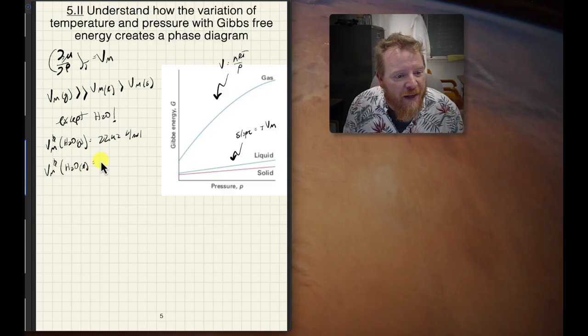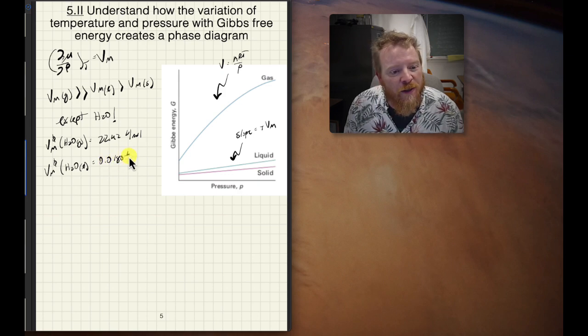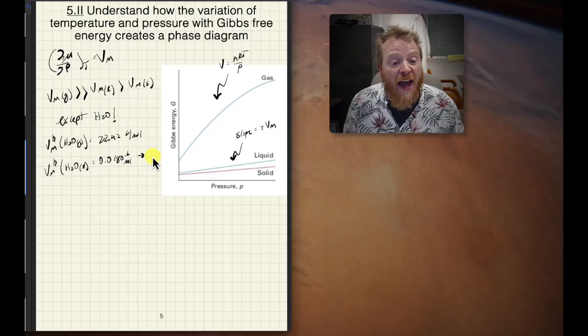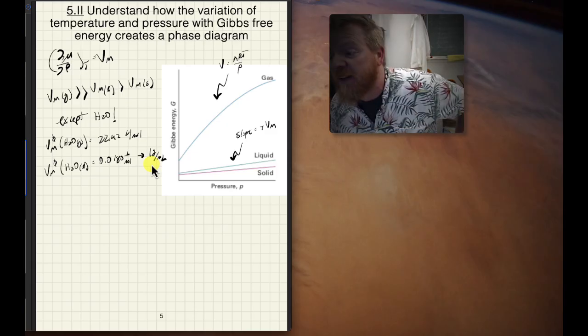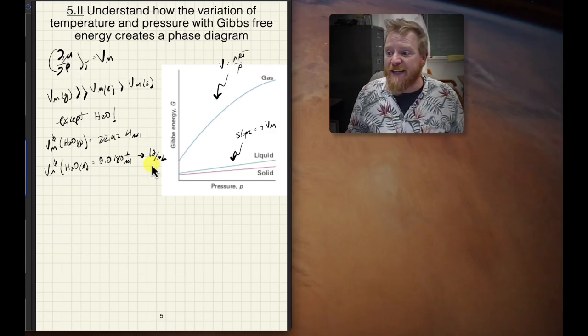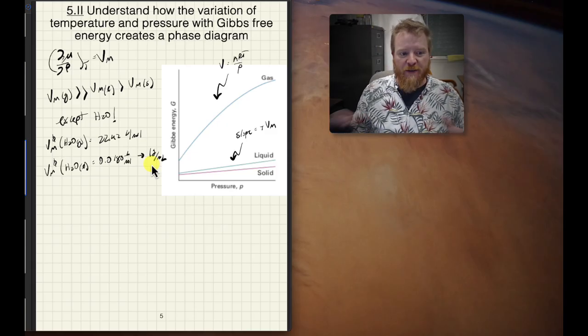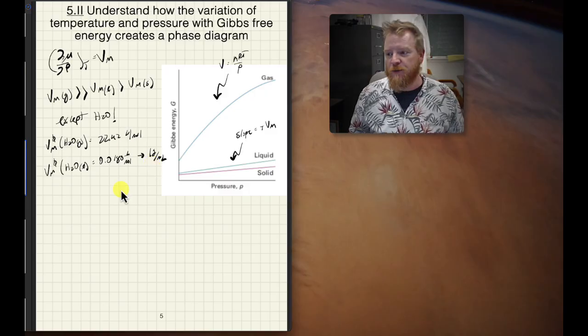So that is 0.0180 liters per mole, and that comes from 1 gram per milliliter. So that number is the same as 1 gram per milliliter, the bulk density of water. So obviously we had to do some unit conversion to get those, okay?